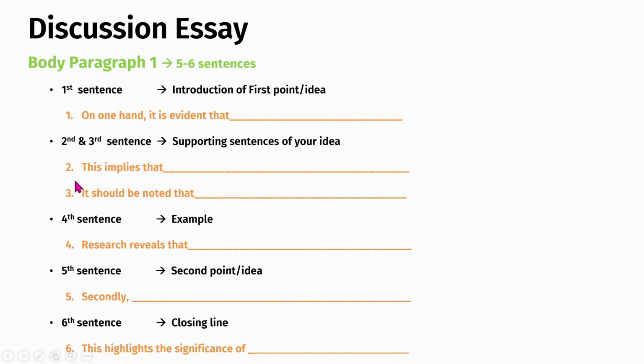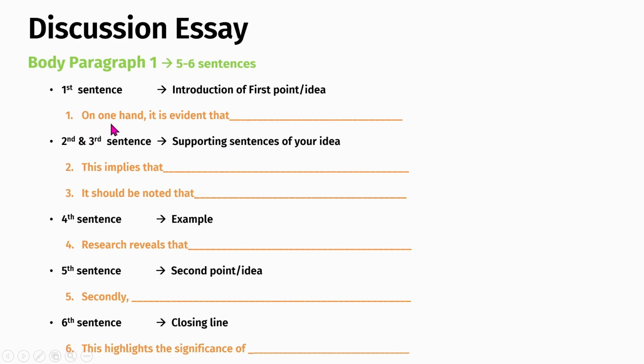The second line is this implies that, and then you can write supporting sentence 1, which is related to your first idea. The third sentence can begin with it should be noted that, and again this should be a supporting sentence of your first point.